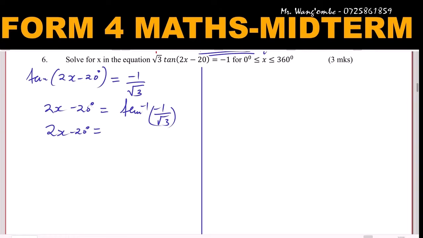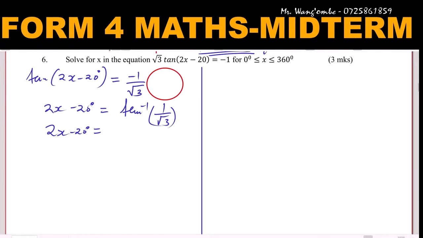Now the first thing I would like to clarify: when you're getting the tan inverse, you ignore the negative sign. So I'll remove the negative sign at this stage and simply get the tan inverse of positive 1 divided by root 3. Why have I ignored the negative? The negative is simply there to show us where we are going to obtain the angles. Let me draw the unit circle to explain.